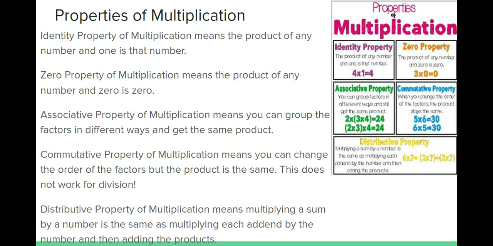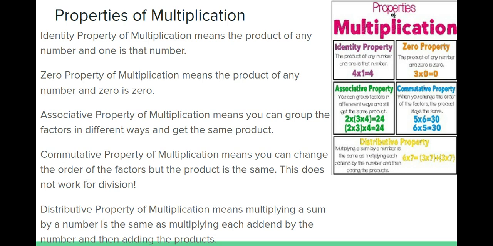The commutative property of multiplication means you can change the order of the factors, but the product is going to remain the same. Just like we did with addition, we can say 4 times 3 and 3 times 4. They're both going to be 12.